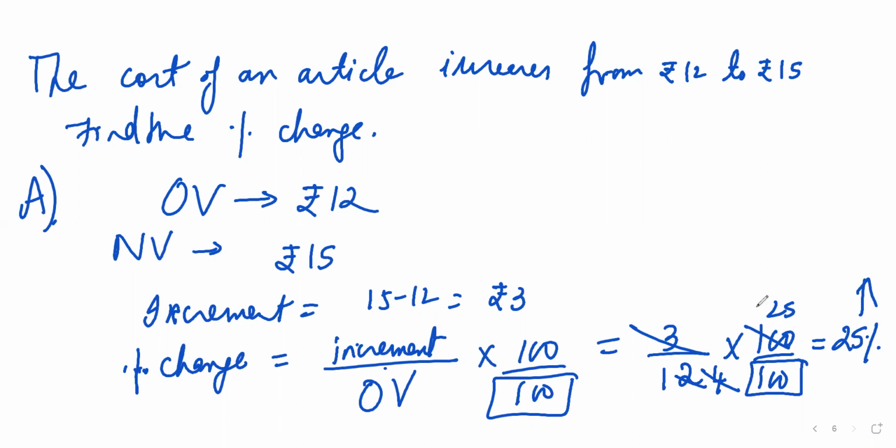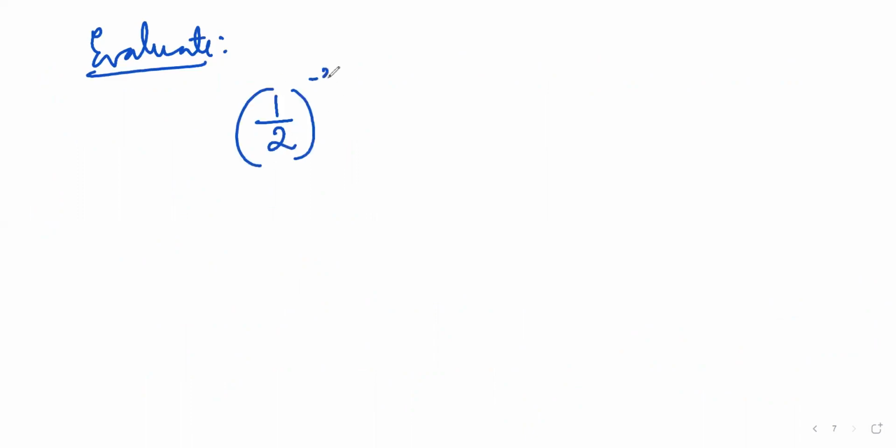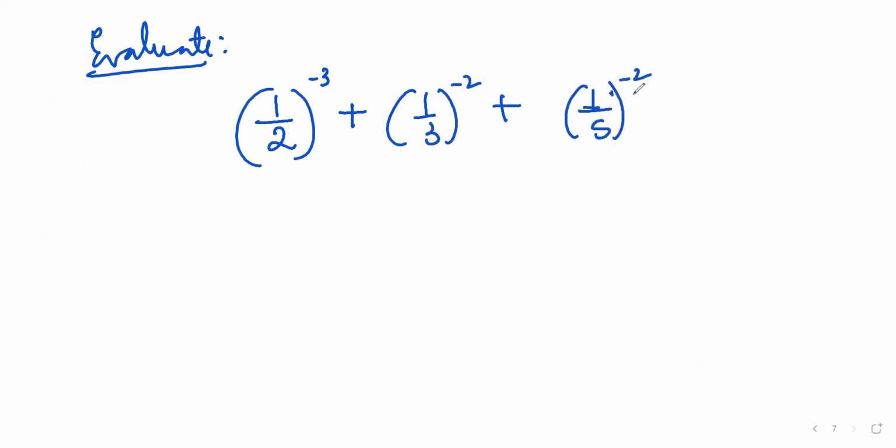Coming to, let's see, we haven't seen exponents for quite a while now. Let's look at something from exponents. If you want to evaluate or simplify and get the value of, let's say, half to the power of minus 3 plus 1 by 3 to the power of minus 2 plus 1 by 5 to the power of minus 2 or something like that.